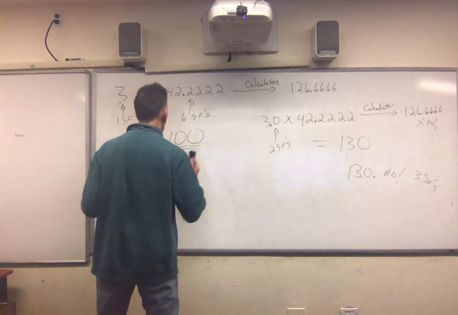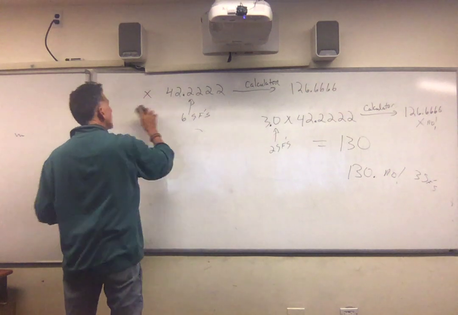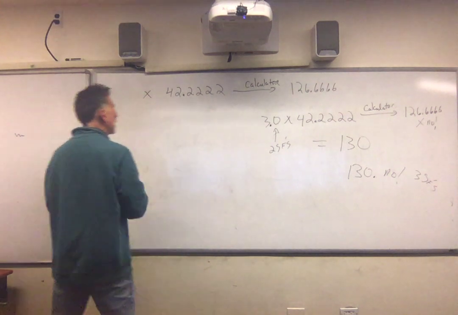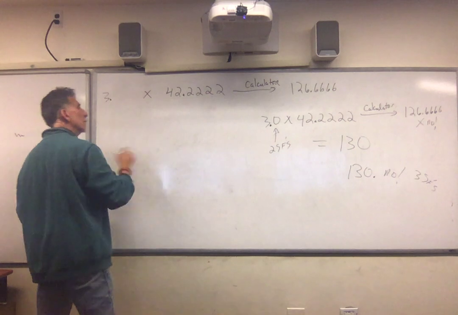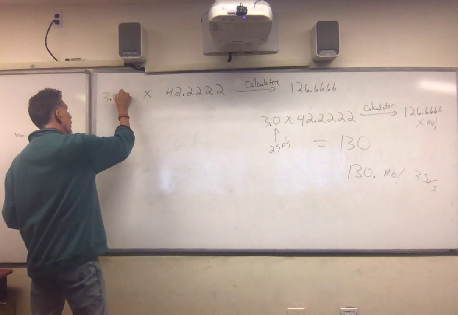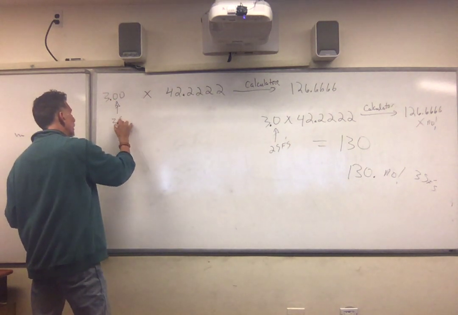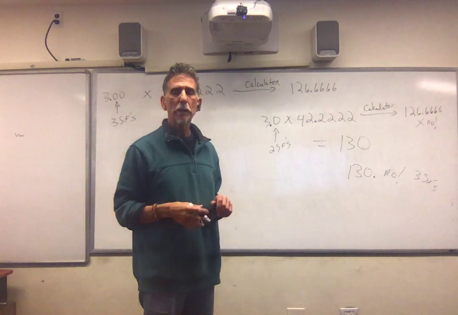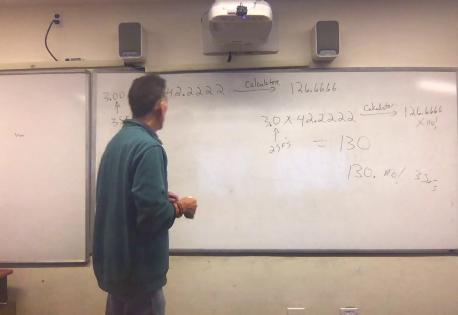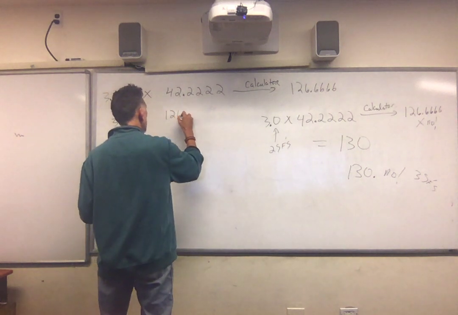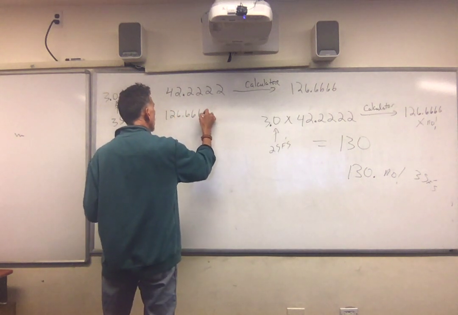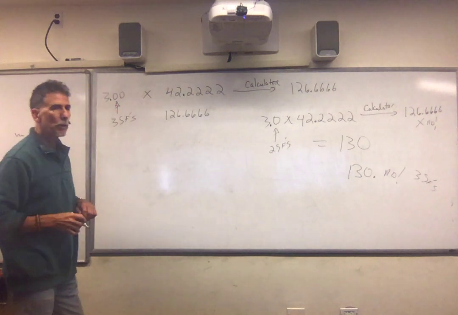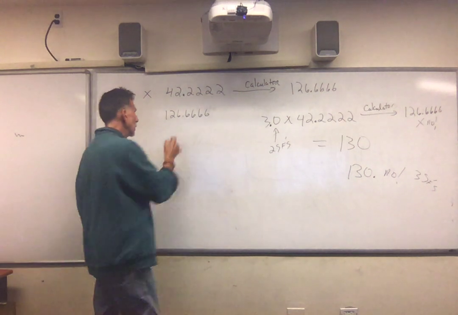Let's play some more. Okay? Same problem, except I'm going to put 3 point, instead of 0, 0, 0. So now I have three significant figures. So our answer must be to three significant figures. How do we round off 126.6666 to three significant figures? Well, this is easy.